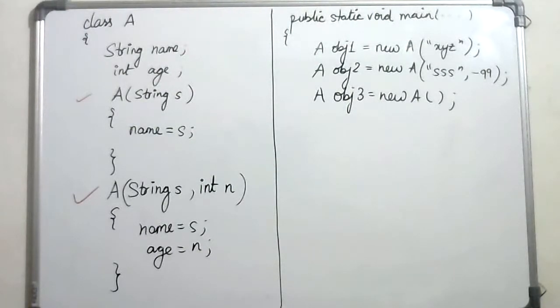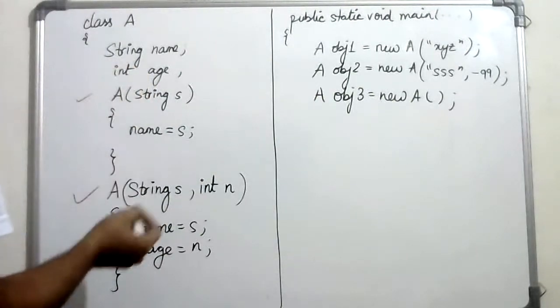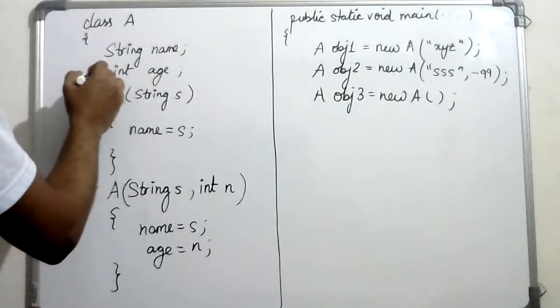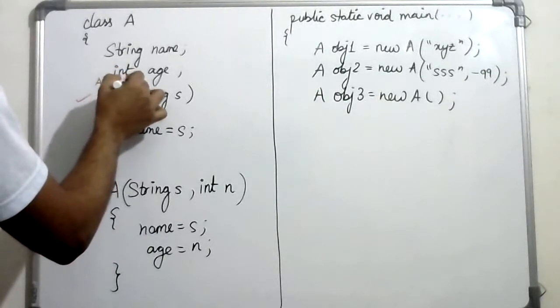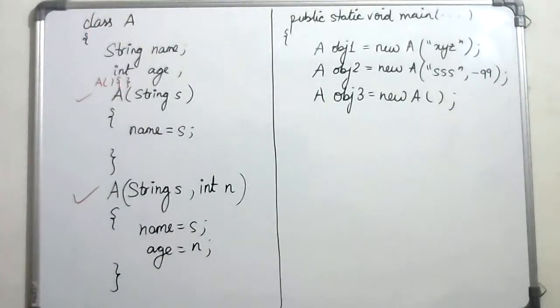Since I have not written a default constructor, the compiler provides me with a default constructor. So the default constructor will look something like this. So that is provided by the compiler. So the third object call will use the default constructor.